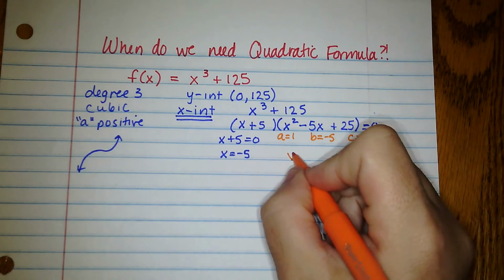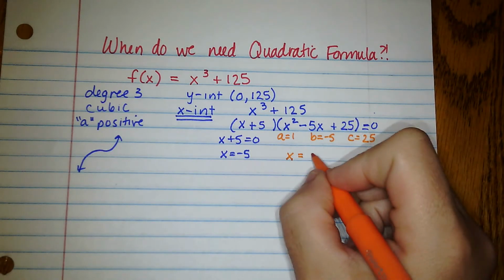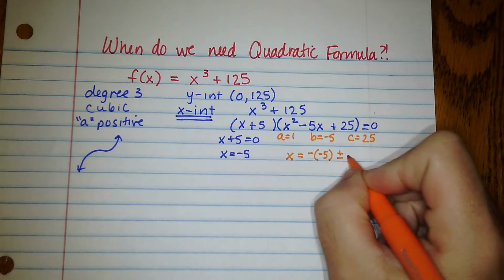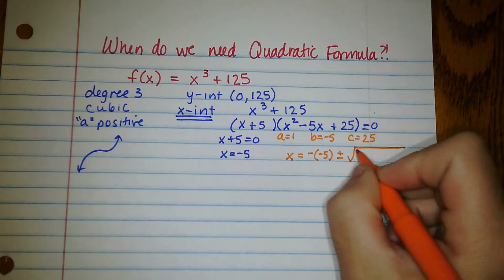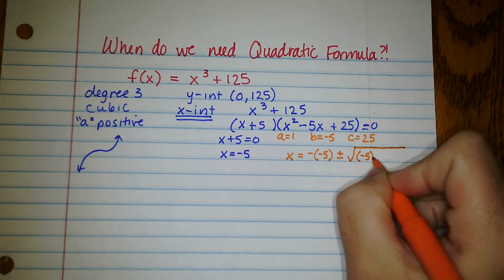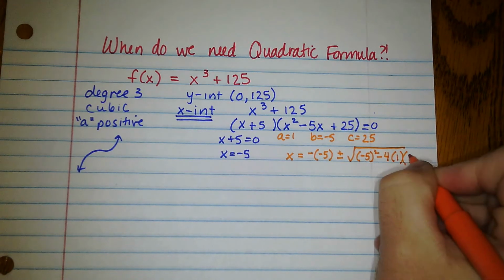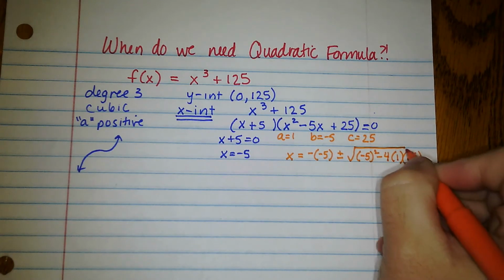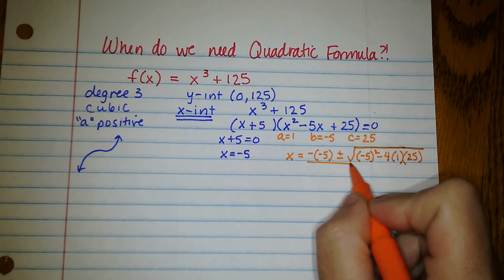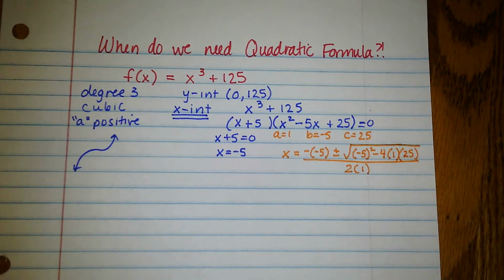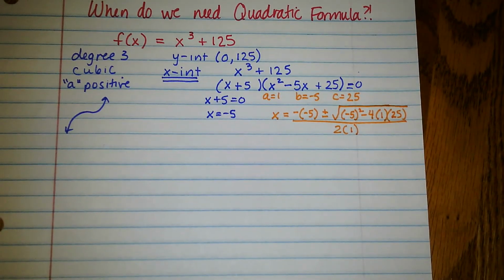I'm going to do the quadratic formula. So x equals negative b plus or minus the square root of b squared minus 4 times a times c, all over 2a. There it is.